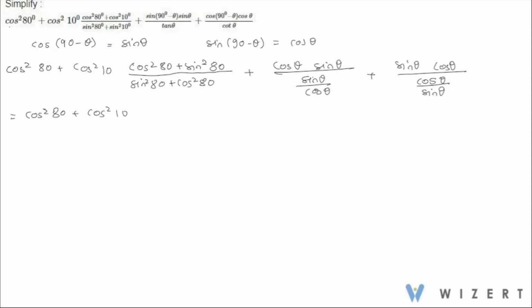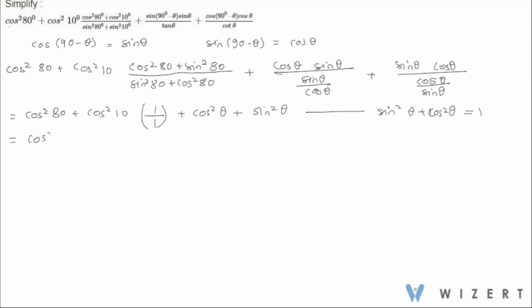Cos square theta plus sin square theta is 1, so 1 divided by 1 plus sin theta get cancelled out and we have 1 by cos theta divided by 1 by cos theta, which can be written as cos square theta, plus similarly cos theta get cancelled out and we have sin theta divided by 1 by sin theta, so sin square theta. This is based on sin square theta plus cos square theta equal to 1.